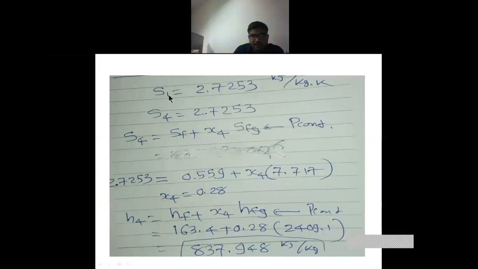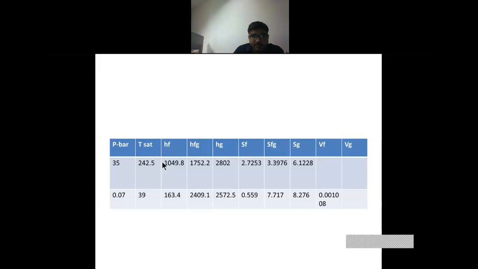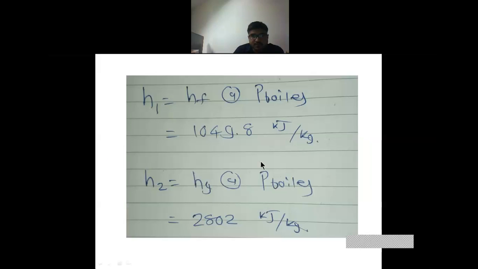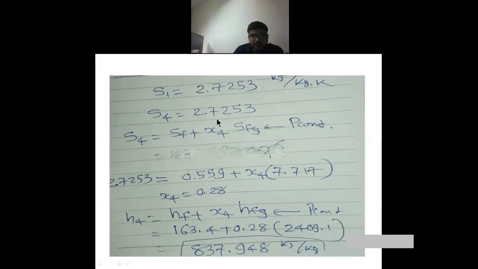Then after, S1 is equal to, which formula I gave you, S1 is equal to SF at P boiler. So we will check it. SF at P boiler is 2.7253. On the basis of that, ultimately we have found H4.